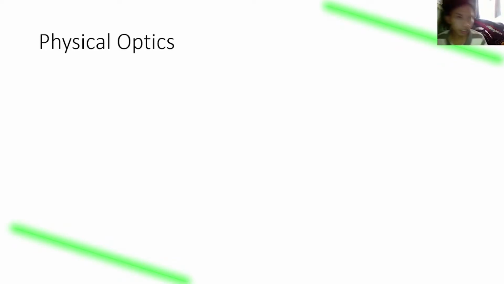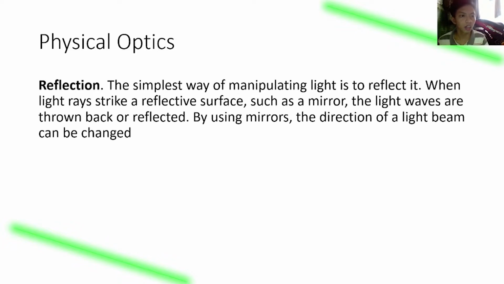So first, let's study the physical optics. Let's study what is responsible for this concept. So reflection is of course the fundamental. The simplest way of manipulating light is to reflect it. When light rays strike a reflective surface, such as a mirror, the light waves are thrown back or reflected.